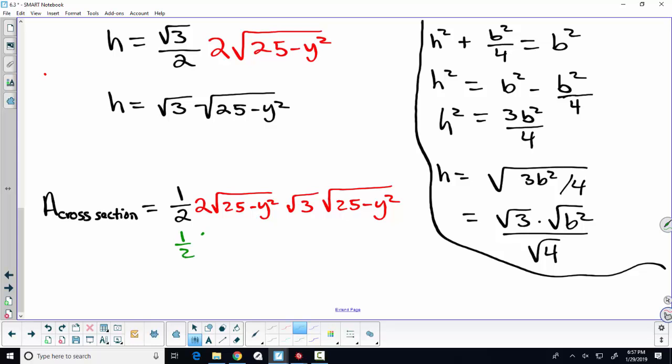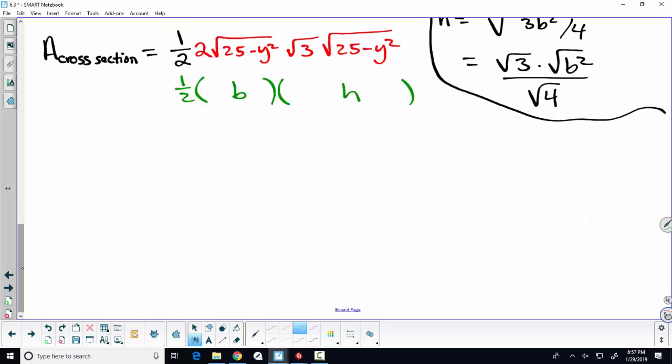Everybody okay with that? 1/2 base times the height. So we can simplify this. It actually turns out to be a lot nicer than what we have here, right? Because we can multiply the roots together, and this 2 and this 1/2 are gone.